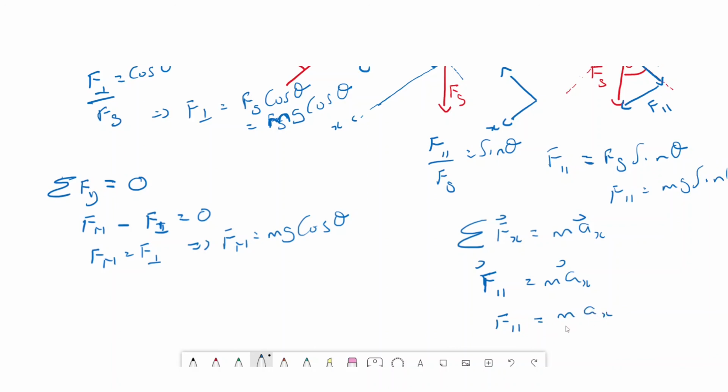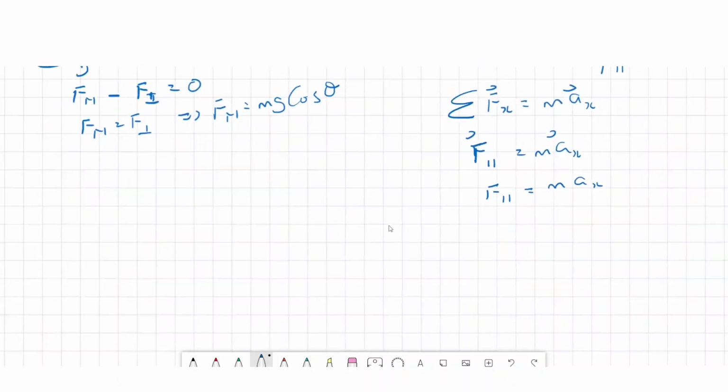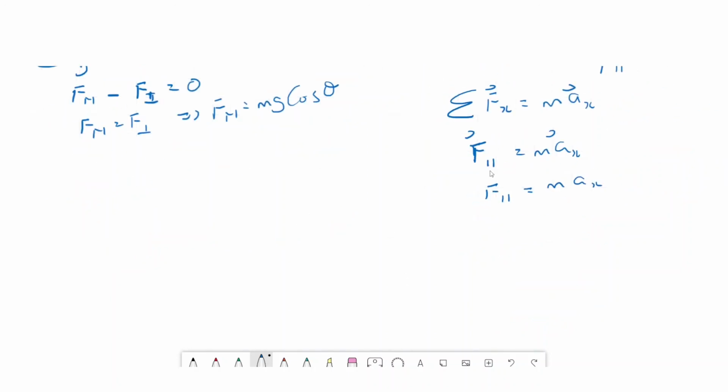When I substitute this, there won't even be a need for me to do an example of this. This is just going to be mg sine of theta. I'm assuming the surface is smooth. So mg sine of theta is equal to m a x. I don't know the direction of the acceleration unless I assume it is going down.